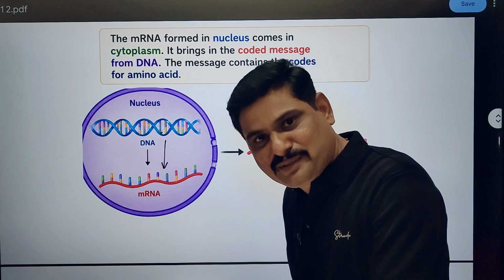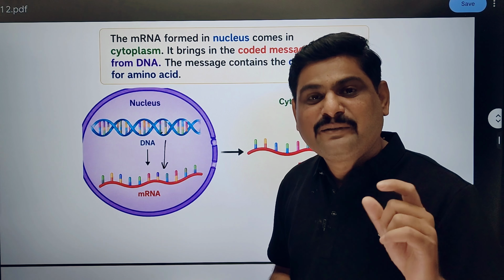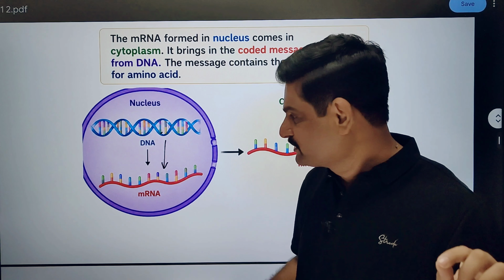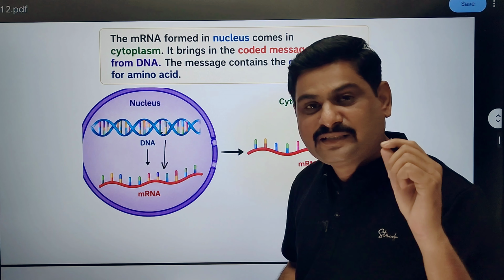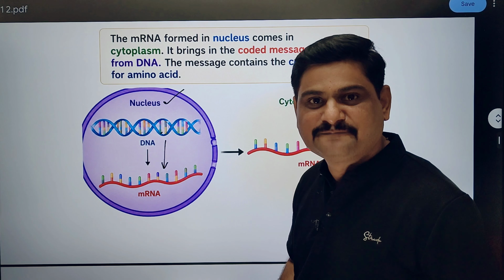Where DNA is present, there only RNA synthesis will happen. So in the paper they can ask where transcription takes place. Transcription means DNA to RNA. Where does this process take place? Your answer should be nucleus. In the nucleus only, RNA will be produced from DNA.